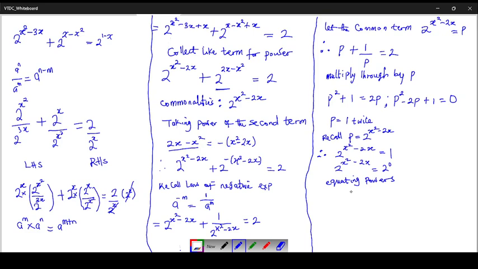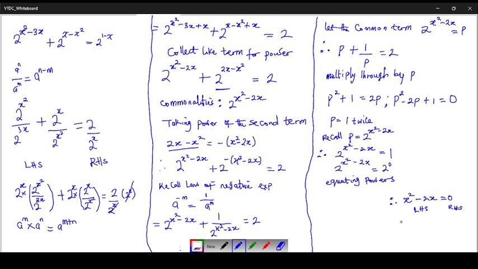If I were to equate powers, that means we have, therefore, x² − 2x equal to 0, of which I can factorize the left hand side of the equation, and this is the right hand side.